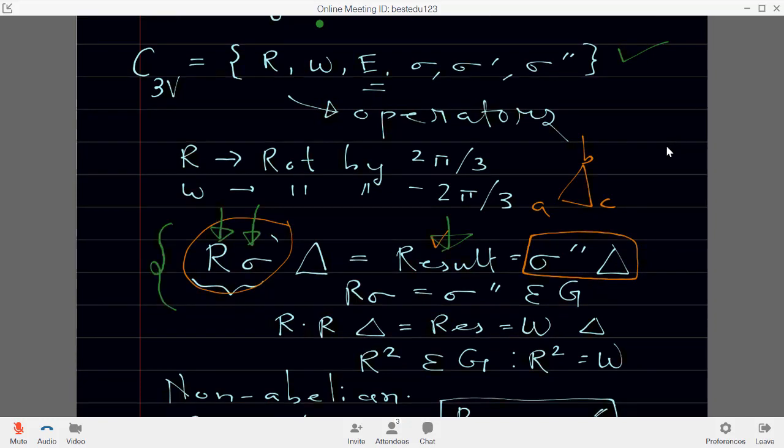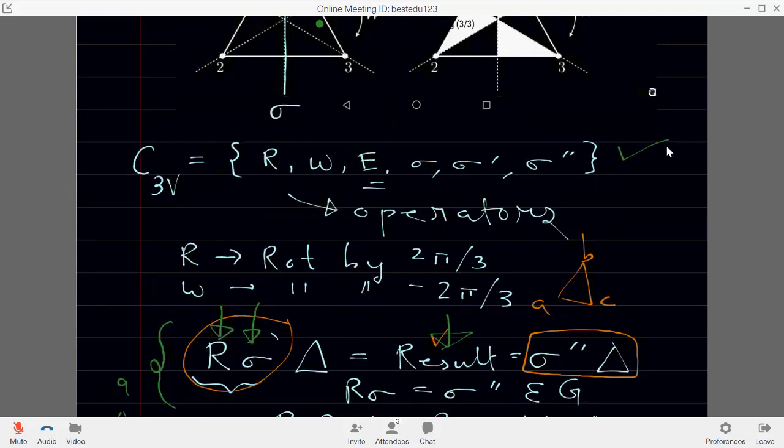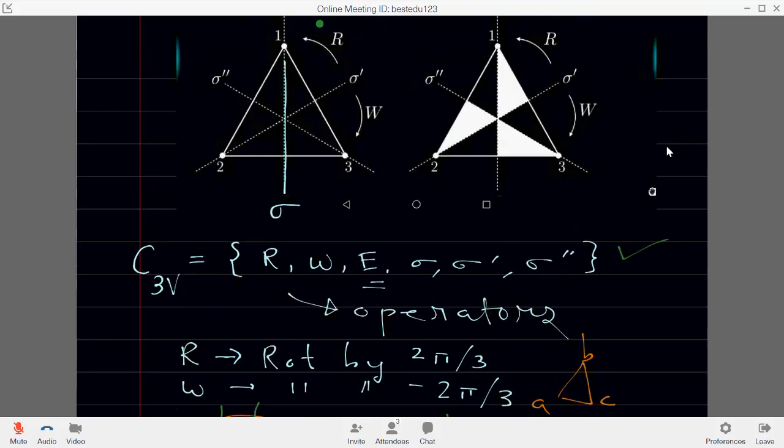Sigma prime will make 1 go to 3 and 3 go to 1. After applying sigma prime, I think I should get C A B, and then we have to apply rotation on that.